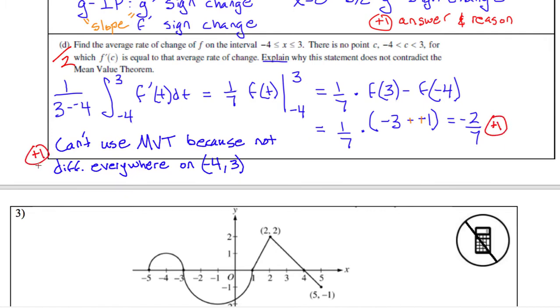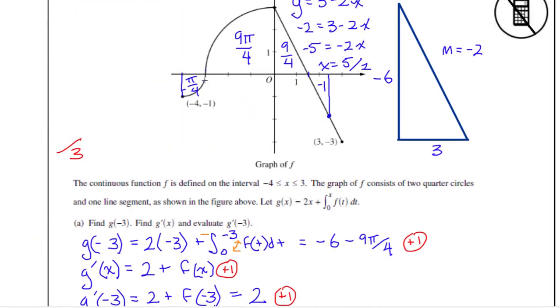But if you want to be even more specific, why is it not differentiable everywhere? To make sure the AP graders really know you know what is happening. Because vertical tangent at x equals, what was the x coordinate position? It was x equals -3.